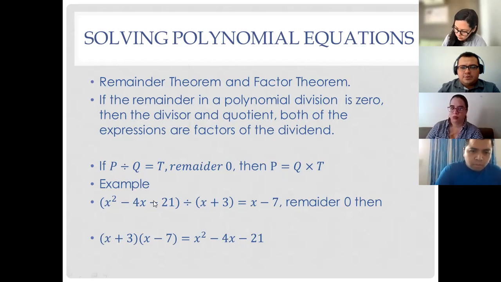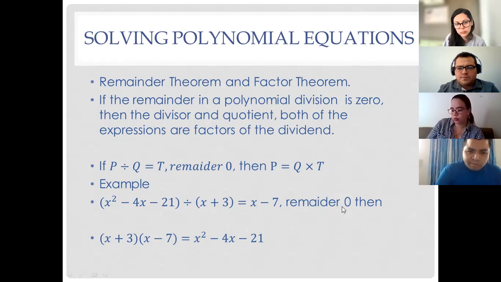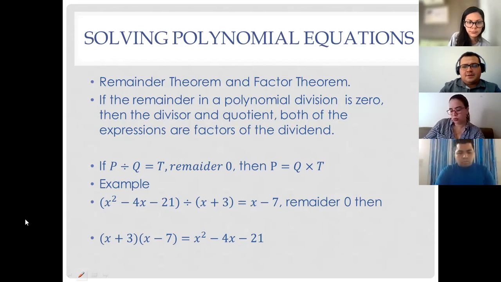A little example. You can try it with synthetic division if you want. Okay, I think you're clear how it is. The remainder will be 0. And if the remainder is 0, then immediately you know that x minus 7 and x plus 3 become factors of x squared minus 4x minus 21. Of course, it's something that we work with in divisions too.